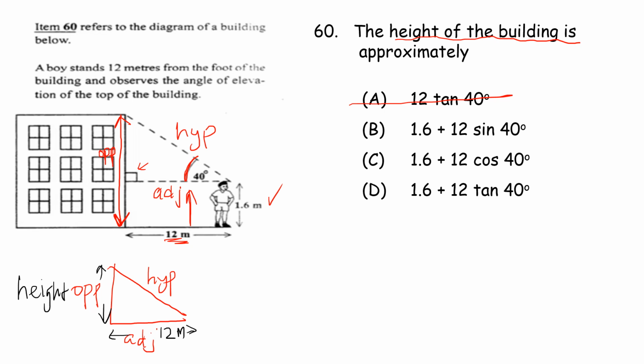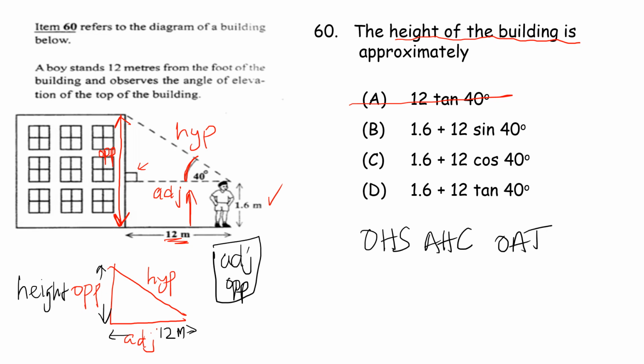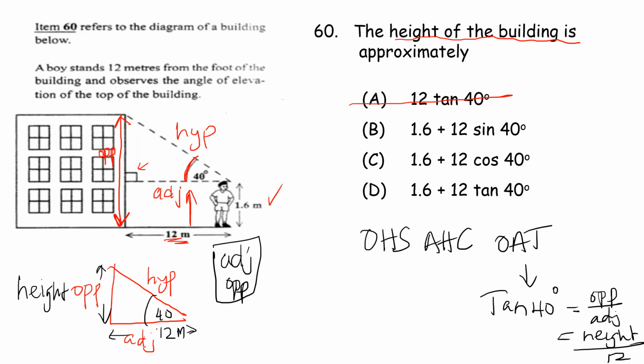Remember the rule, SOH CAH TOA: using adjacent and opposite, that is tan. We are using 40, so tan 40 equals opposite over adjacent, which is the height over 12. So it can't be B, it is not C. The answer is D.